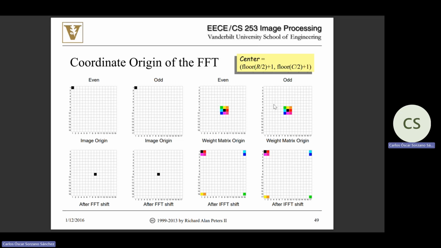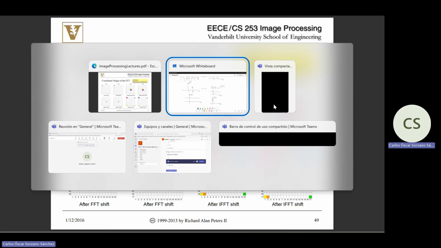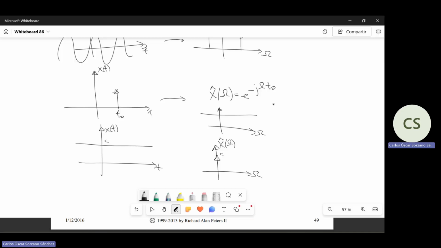The following thing that we are going to see is how the Fourier transform is arranged by some routines, and this also has to do with the meaning of a given coefficient at a given location of the Fourier space.